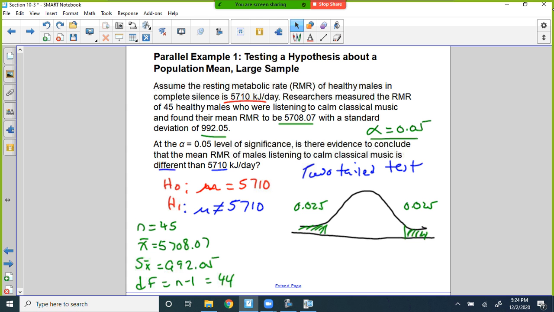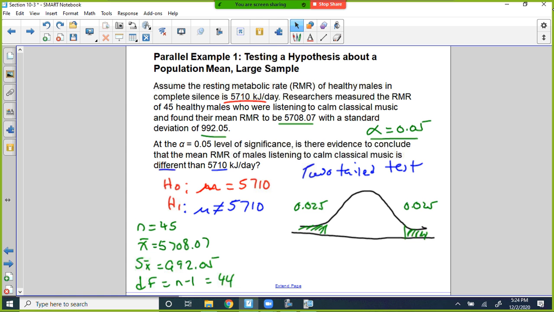So let's find these critical values right here. How do I do that? If you remember when we were doing the T intervals, we were looking at a confidence interval, which gave us the area underneath the curve. What is the T value on the distribution? So we would be looking at 0.025 with a degree of freedom of 44 in the table.